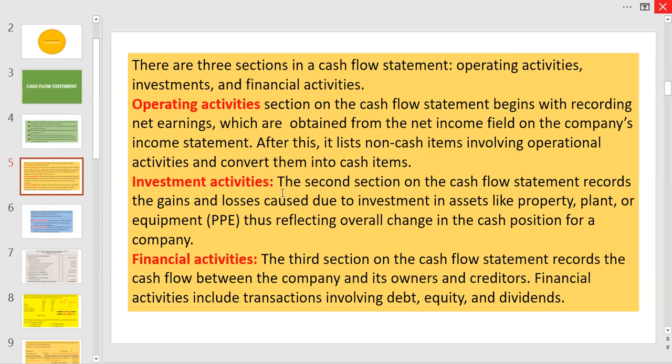The second section of the CFS records the gains and losses due to investments in assets, really non-current assets like property, plant or equipment, thus reflecting all changes in the cash position for the company. The third section is financing activities, that is to say, capital and long-term loans received and repayment of the same.